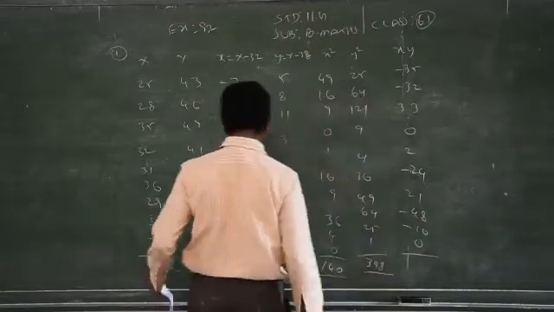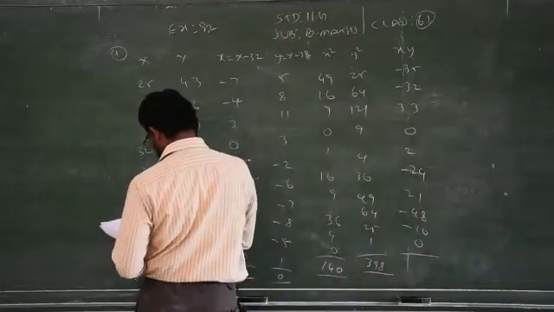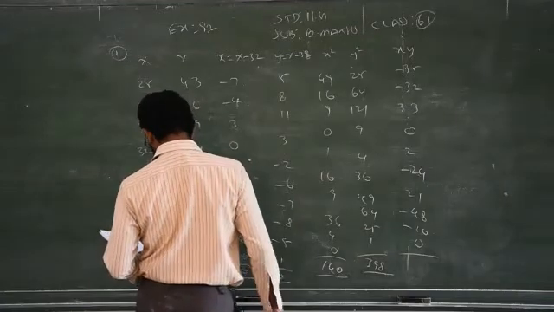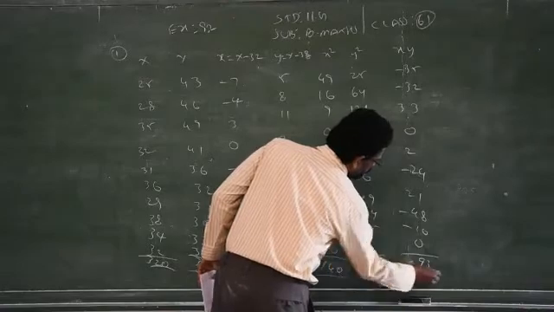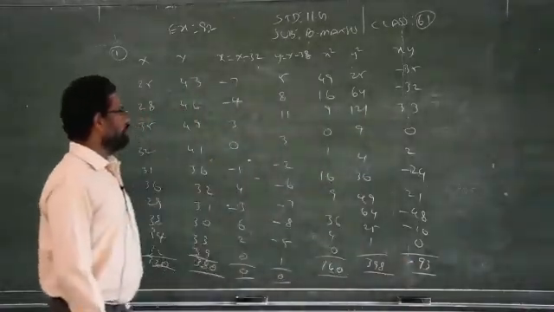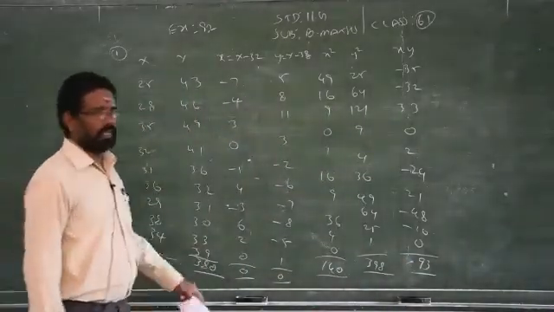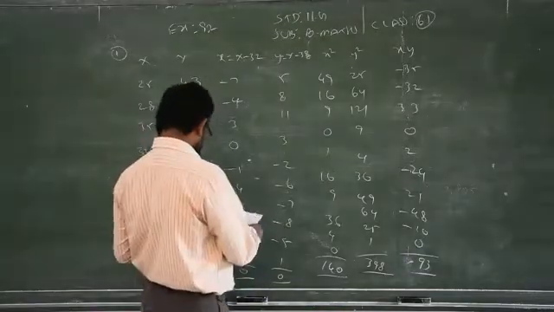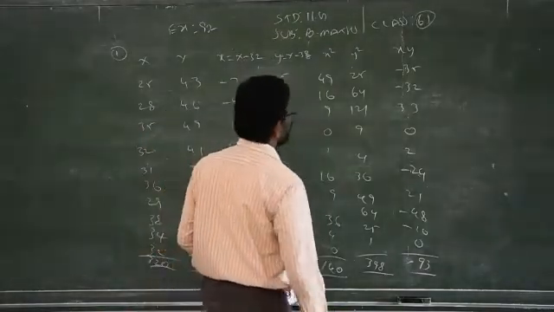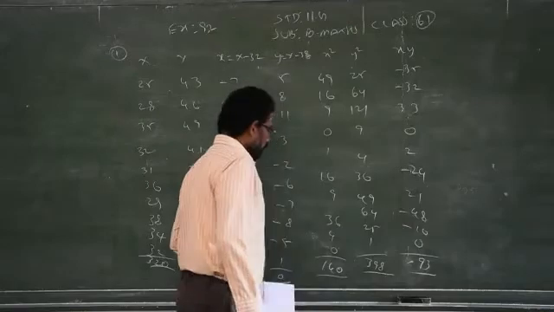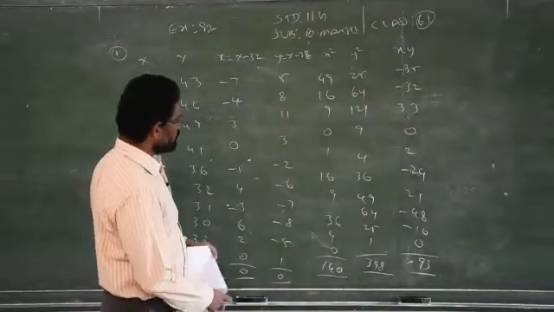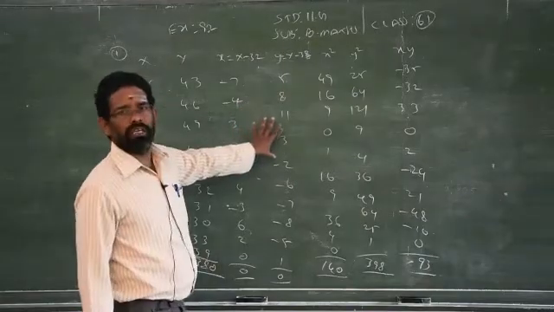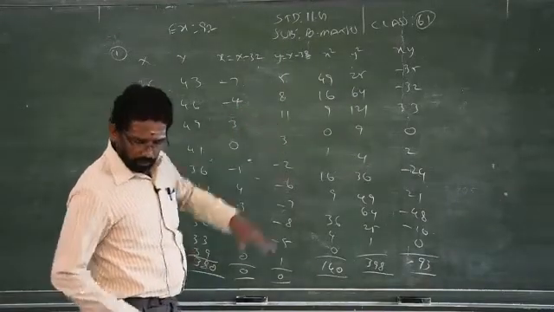Clear? So the XY total we found is minus 93. This is very important. Now I know all the values. Just follow the previous model, but here you have to understand the concept. This is a common tabular column for both exercise 9.1 and 9.2.